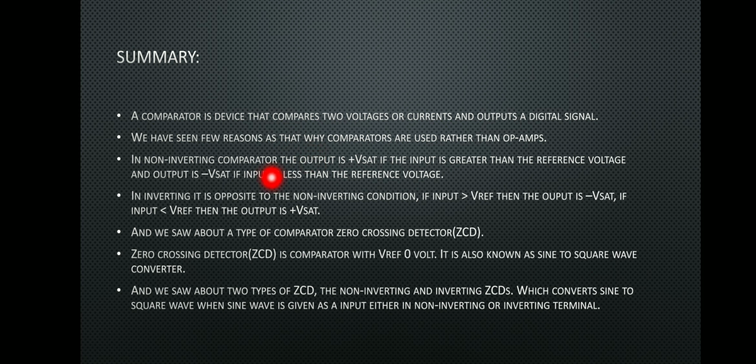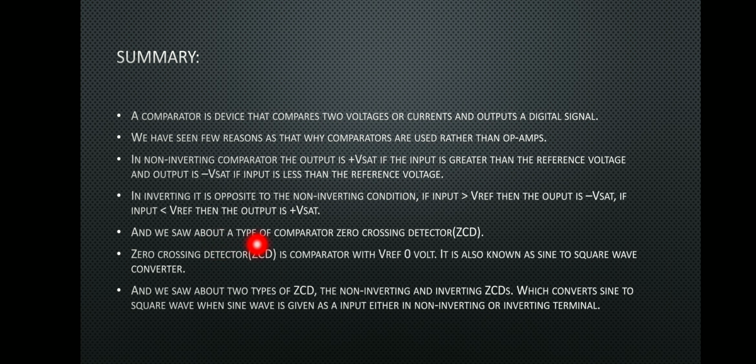In non-inverting comparators, the output is plus Vsat if the input is greater than the reference voltage, and the output is minus Vsat if the input is less than the reference voltage. In the inverting comparator, it is opposite to the non-inverting condition. That is, if the input is greater than the reference voltage, then the output is minus Vsat. If the input is less than the reference voltage, then the output is plus Vsat.